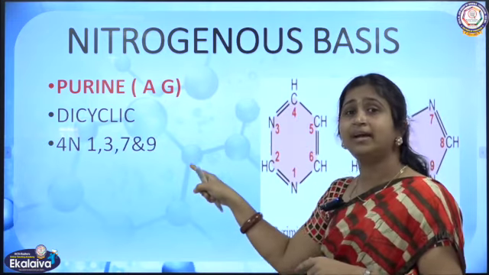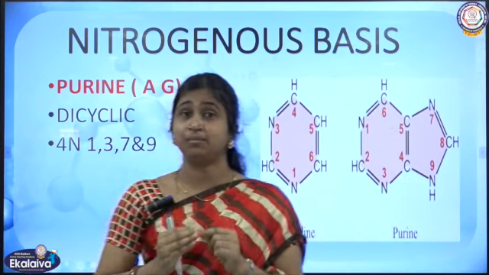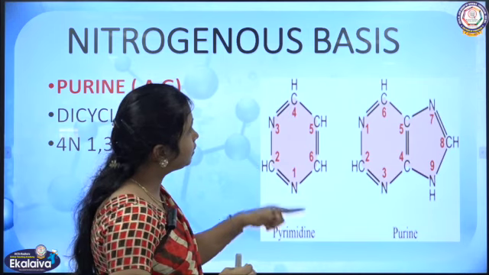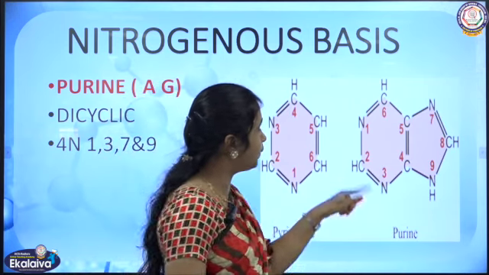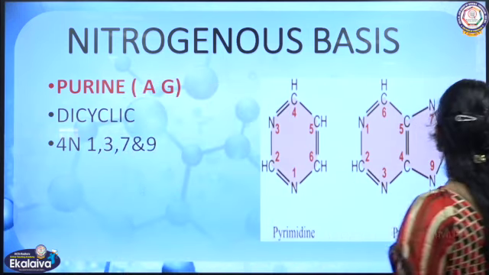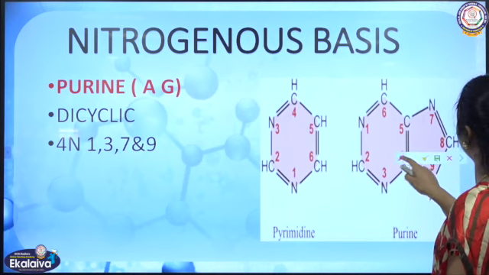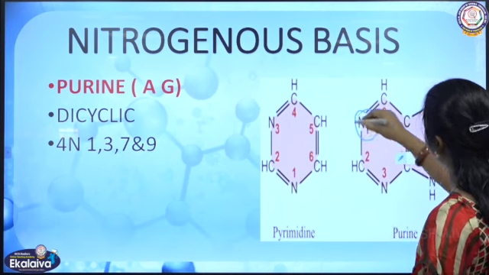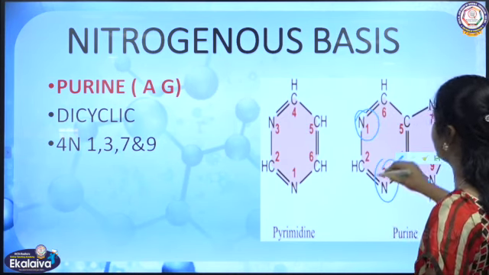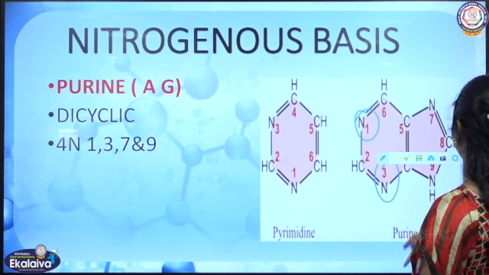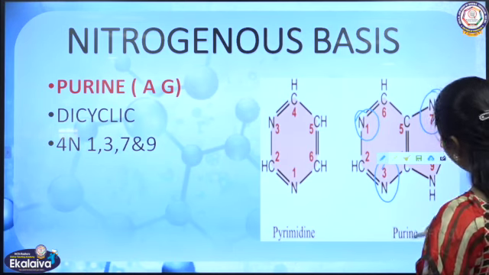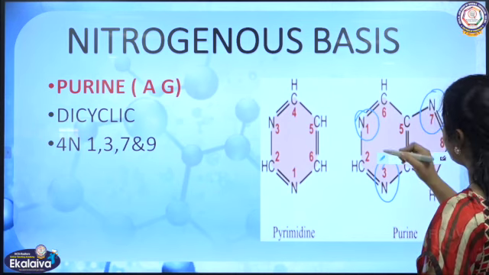It has 4 nitrogen. Where are the 4 nitrogen placed? Have a look. In which one? In a dicyclic. Where are the 4 nitrogen? You can see the number. I will just encircle it so that it will be clear for you. Yes, look at the number 1 and then 3 and then 7 and then 9.